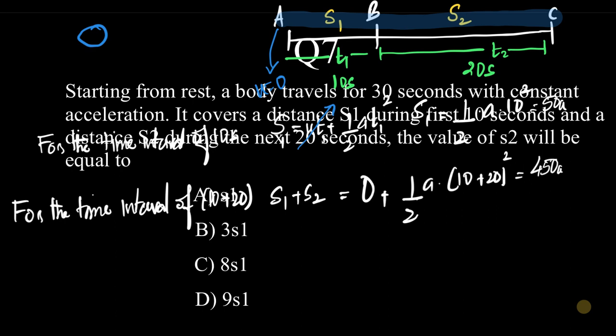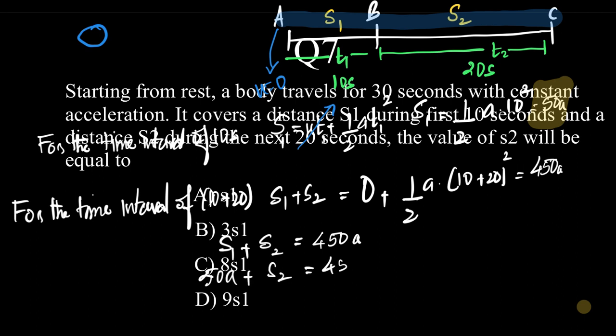So s1 plus s2 is equal to 450a. But the value of s1 is 50a, in which case 50a plus s2 is equal to 450a, which means s2 is equal to 450 minus 50 is 400a.